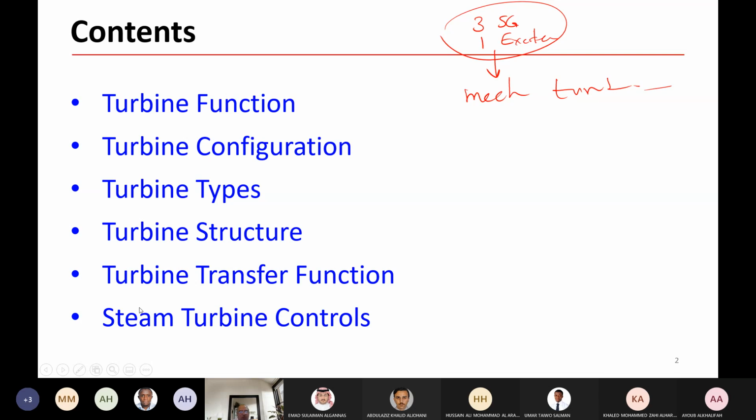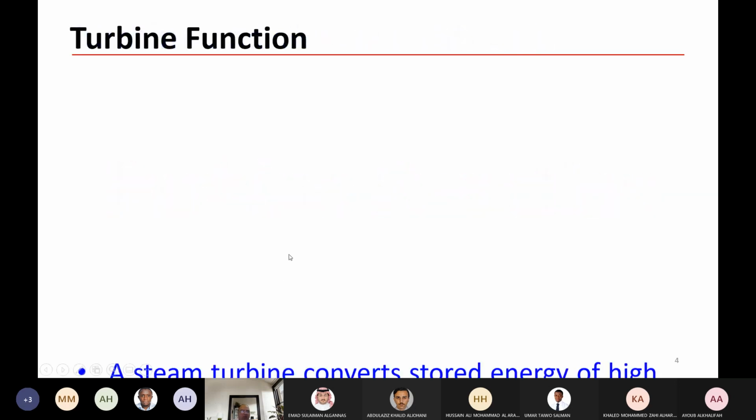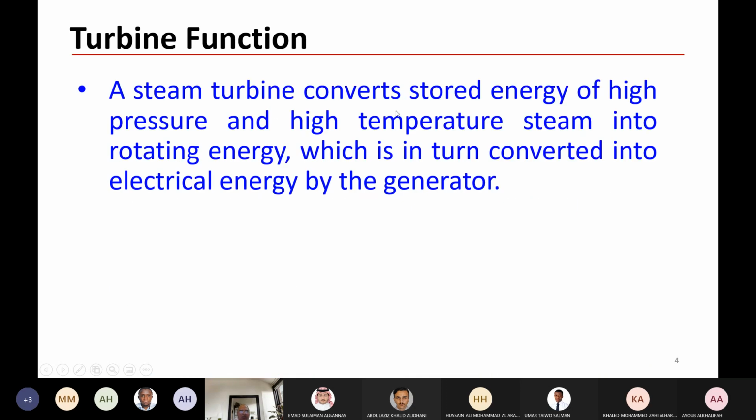The steam turbine controls the speed. Turbine function: it provides the mechanical energy. A steam turbine converts stored energy in high pressure and high temperature steam into rotating energy, which is in turn converted to electrical energy.